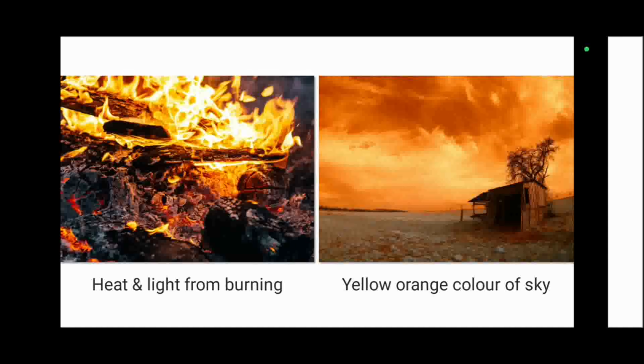As a result, the shorter wavelengths of light are scattered away, leaving mainly the longer wavelengths, like red and orange, to reach our eyes.